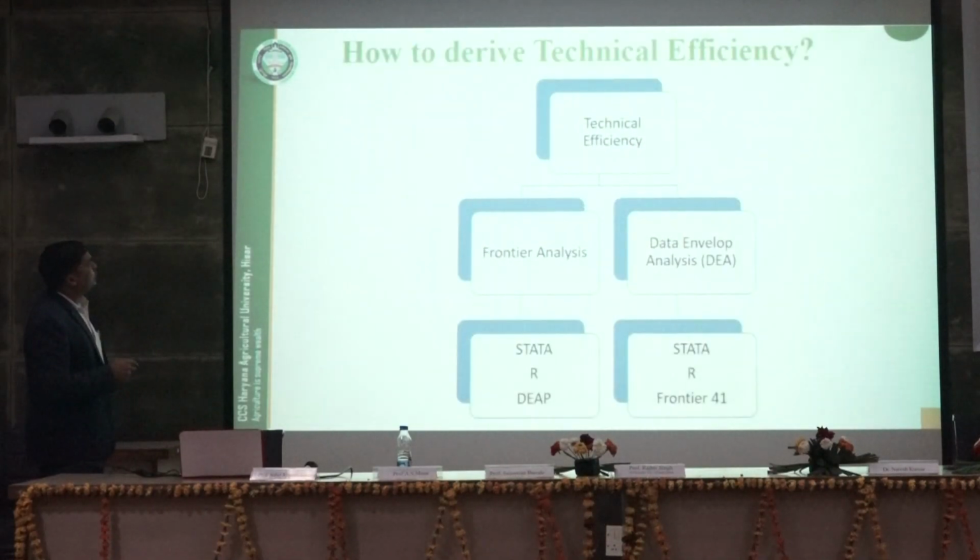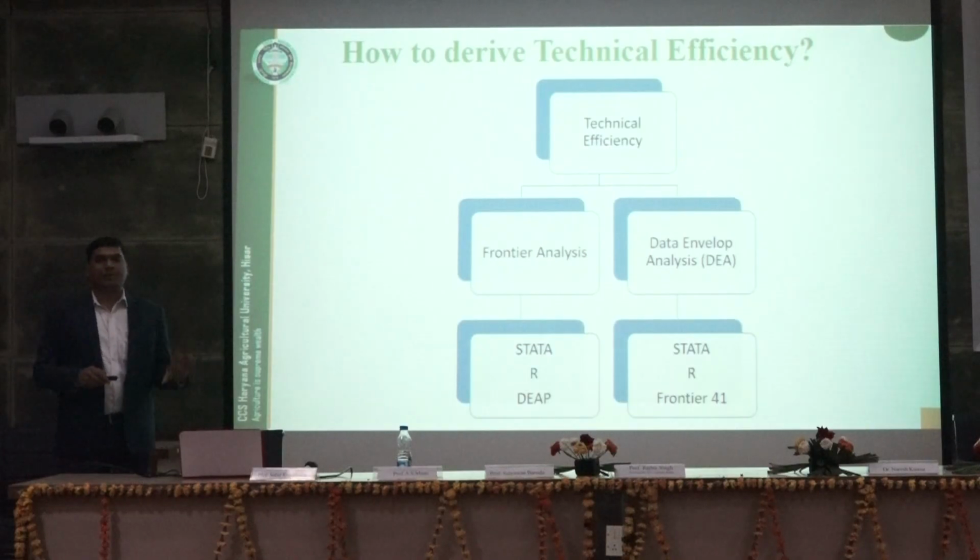So how to derive technical efficiency? There are two methods. One is the parametric method, that is frontier analysis, and the second is the non-parametric method, that is data envelopment analysis. Why parametric and why non-parametric?